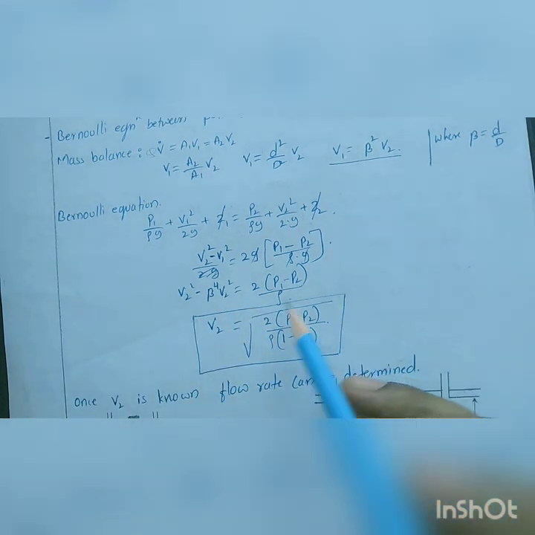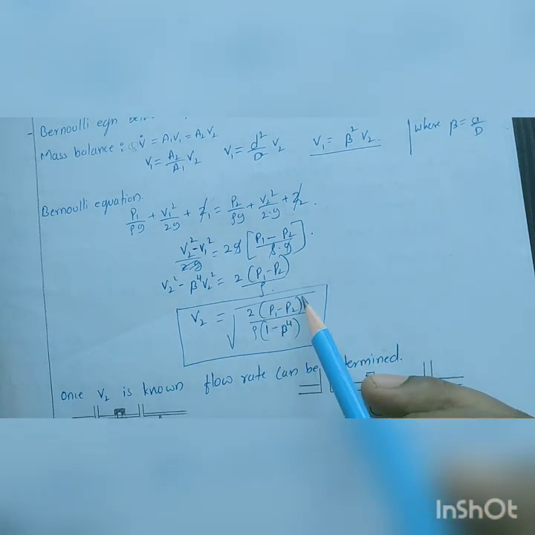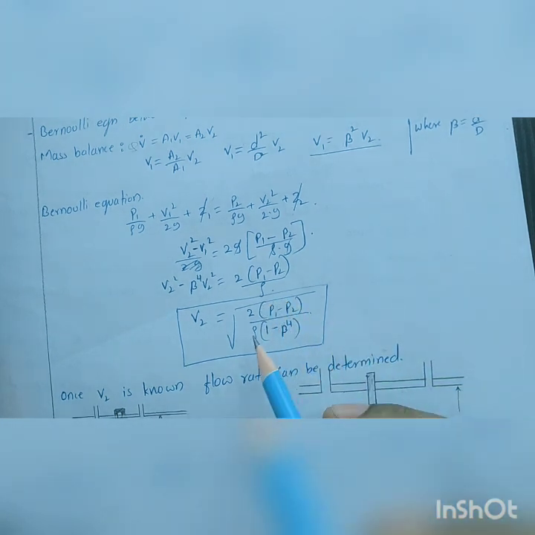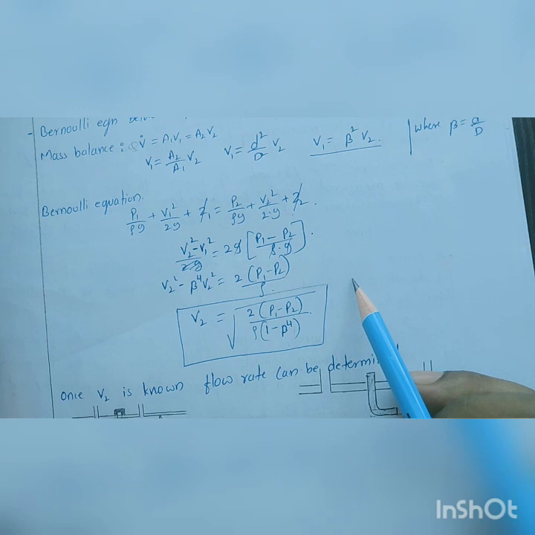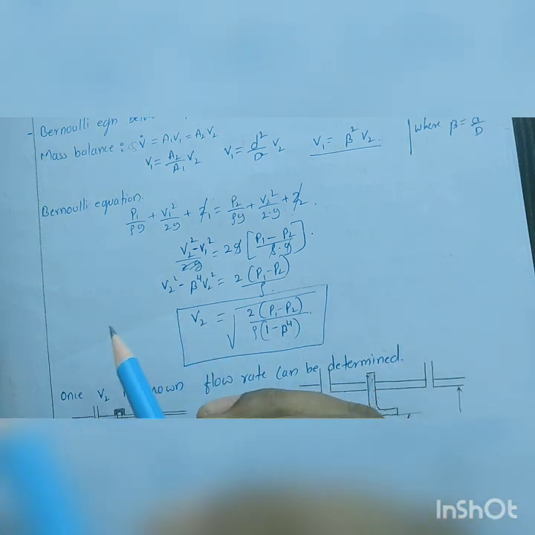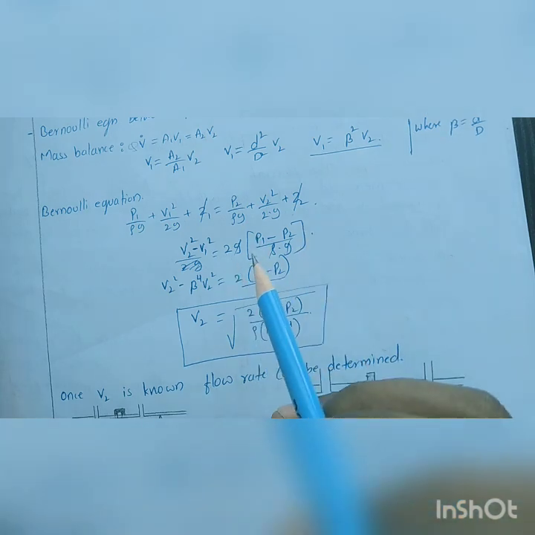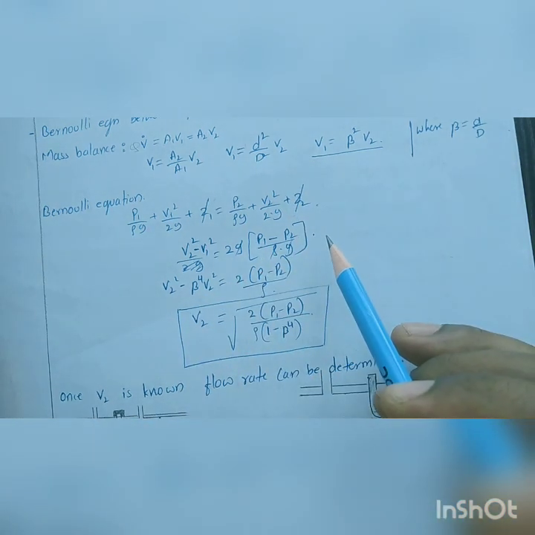So if you somehow measure the difference of pressure and substitute, you can easily calculate the flow rate, because if you know V2, discharge is equal to A2 V2. If you know the area, substitute and get the discharge. So this is the working principle.